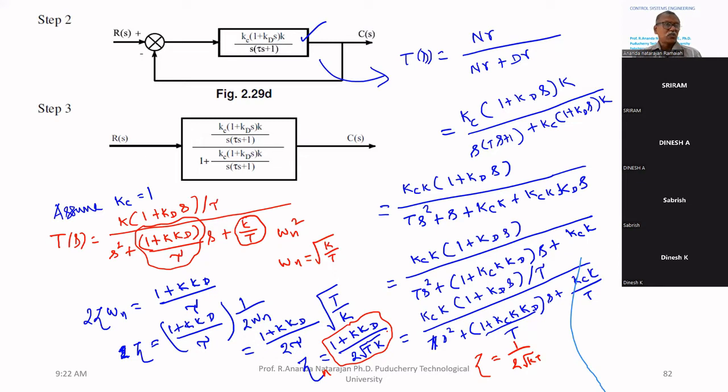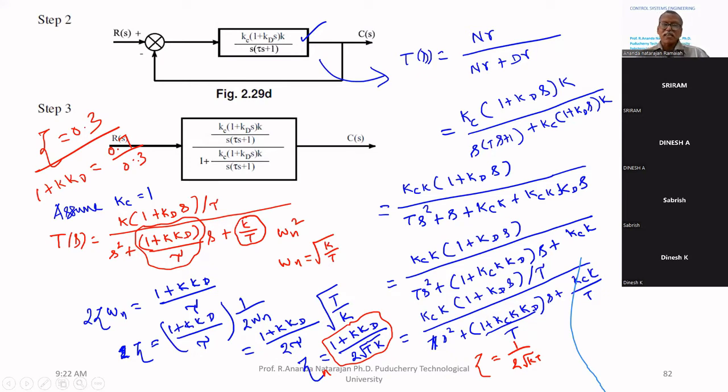Suppose your system is oscillating because zeta equal to 0.3, the original system, and I want to make it 0.7. What do we have to do? 1 plus K KD must change zeta from 0.3 to 0.7.